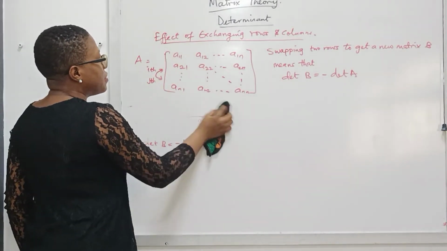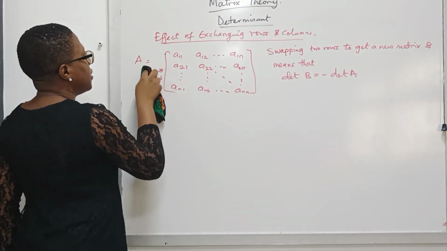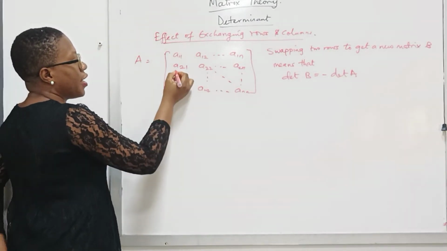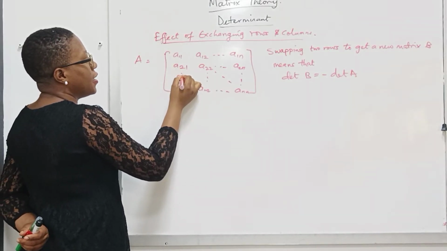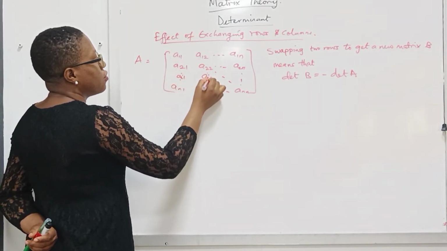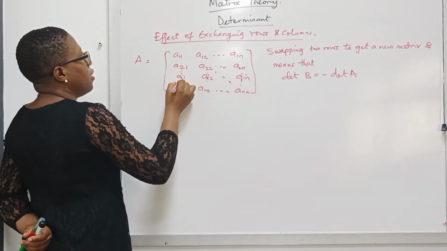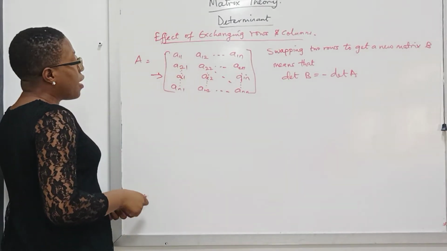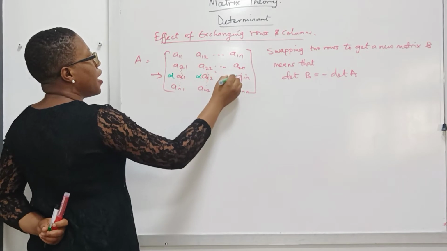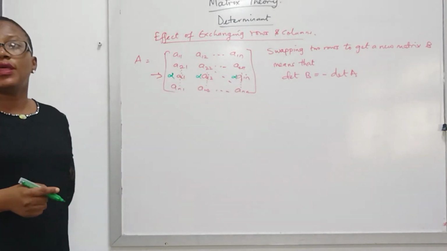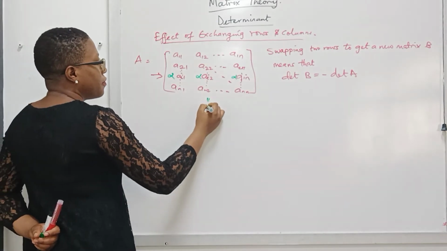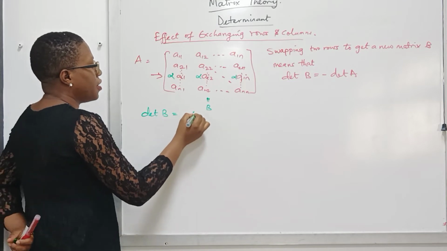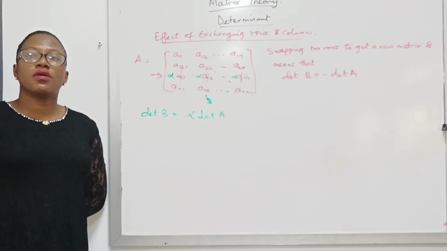So the next. We are going to check the effect when I multiply A by some constant. If I multiply a row, let me call it AI1, AI2 up to AIN, by some alpha, so everything in this row is multiplied by alpha, then I get a new matrix B. Then the determinant of B is equal to alpha times the determinant of A. Is it okay?